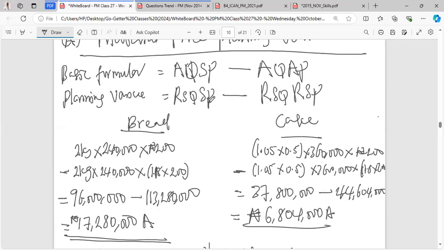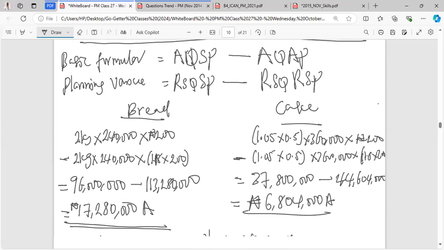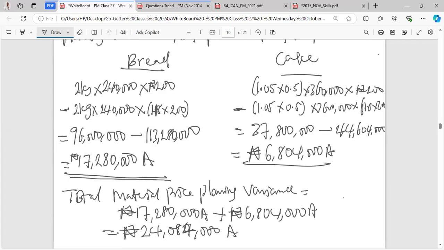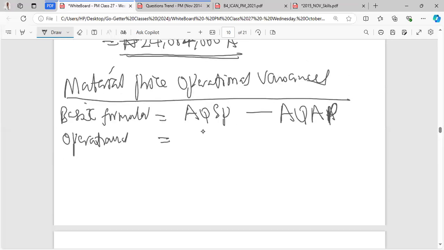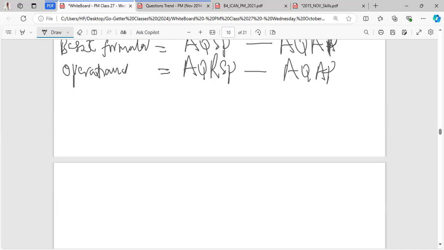But now in operational, it is between revised standard and actual. So anywhere you see standard, change it to revised standard. Your actual remains the same. So this is actual quantity times revised standard price, minus actual quantity times actual price. Now that you've converted the basic to the operational, let's go.